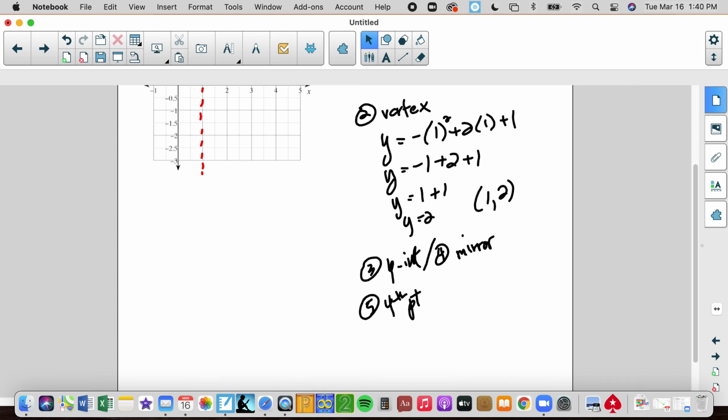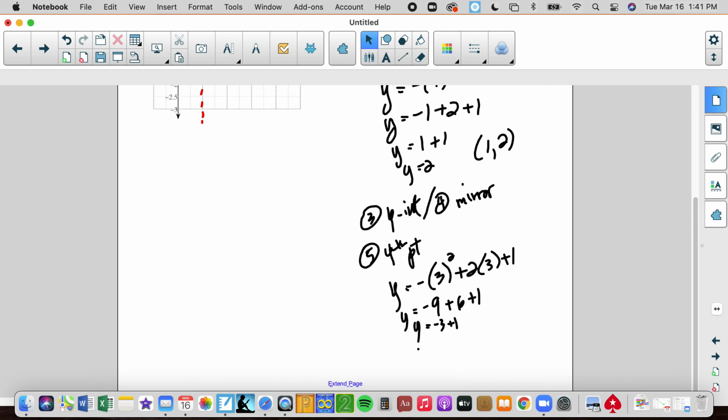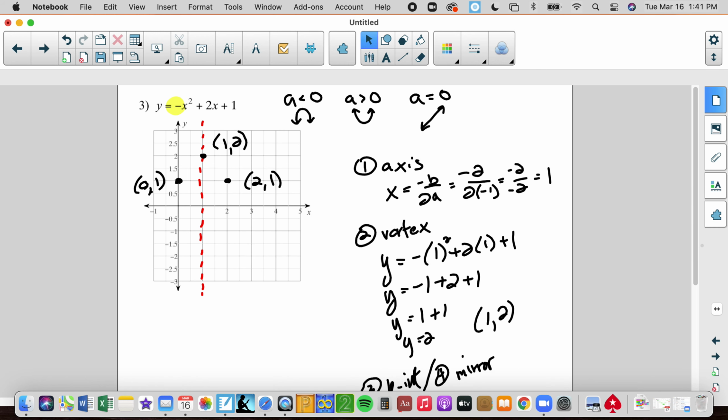So y equals the opposite of 3 squared plus 2 times 3 plus 1. We square 3, which is 9, and then attach the negative, plus 6 plus 1. That gives me -3 plus 1, which gives y equals -2. So when I plug in 3, I get -2. 3, -2 is going to be right here.